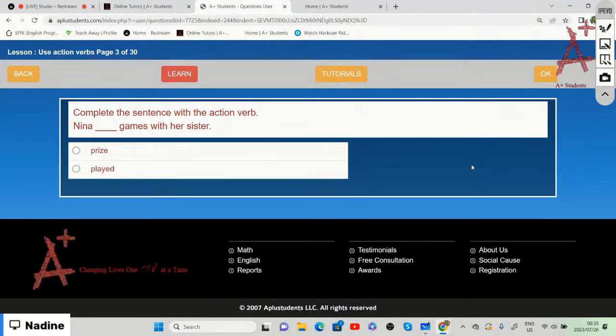Nina games with her sister. So Nina prize games with her sister, or Nina played games with her sister. We need to choose the best possible answer, or the correct action verb within that sentence.